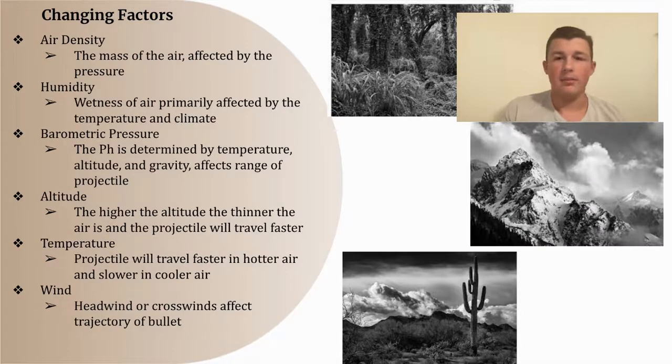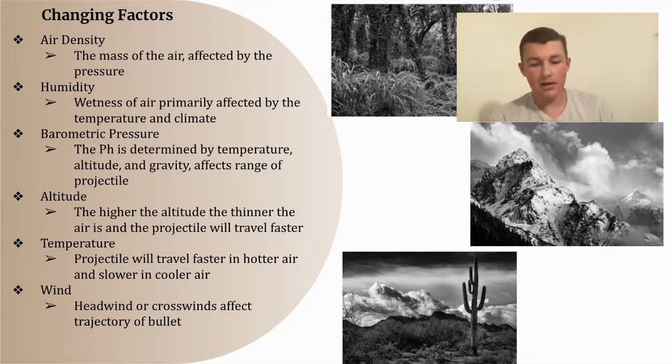Next are the changing factors, which are a little bit more difficult because they are always changing based on the location and the climate. So first, we're going to do air density. It's the mass of the air, and it's directly proportional to the barometric pressure of the atmosphere. The humidity is the wetness of the air. It is directly proportional to the temperature.